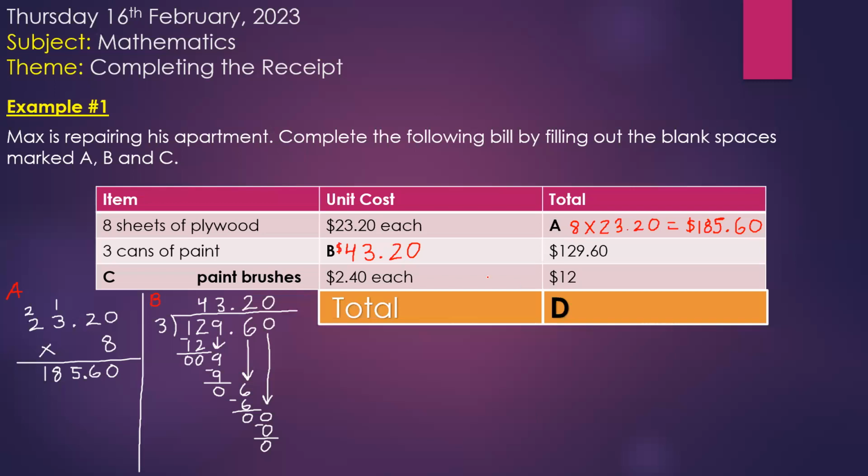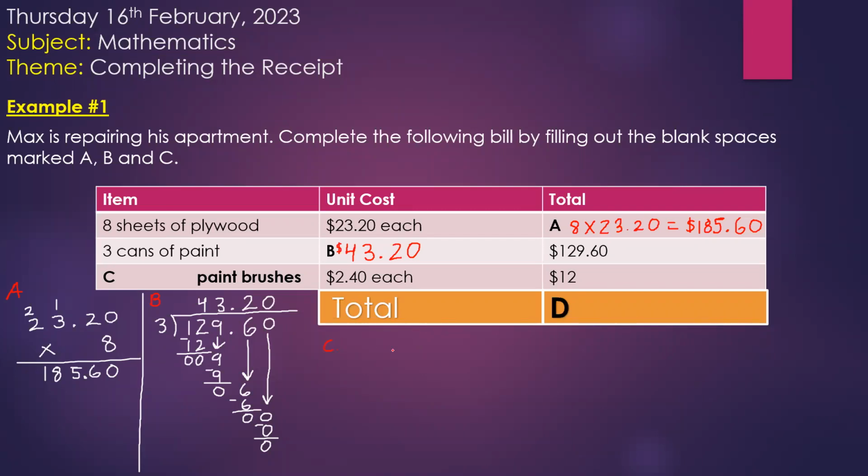Okay, so we have to divide 12 by 2.40 without the calculator. Some people were able to put it in the calculator, but you're the one who wants to do it without the calculator.